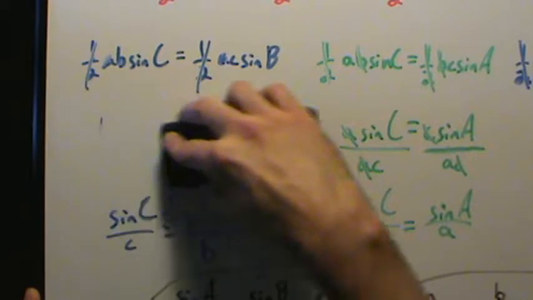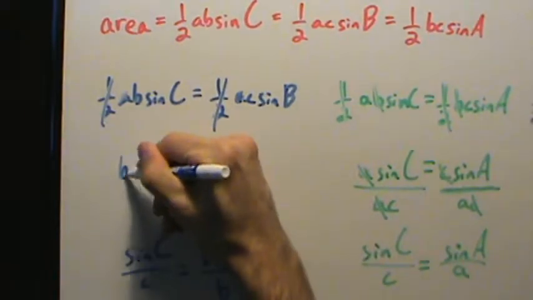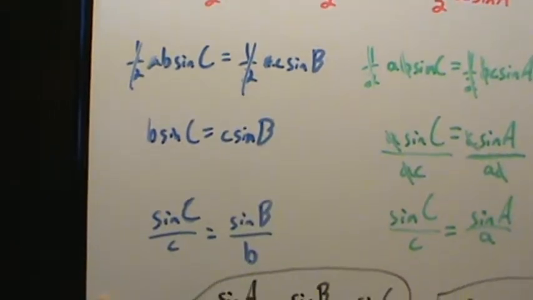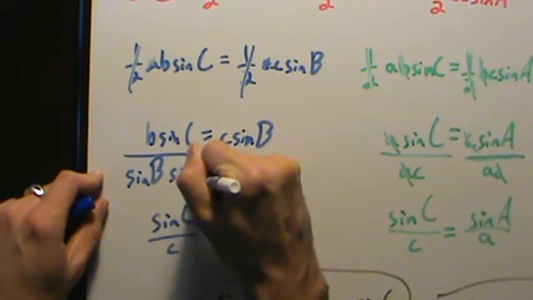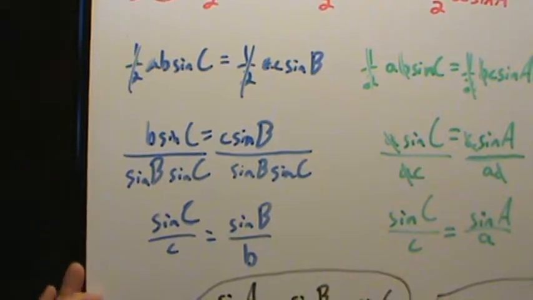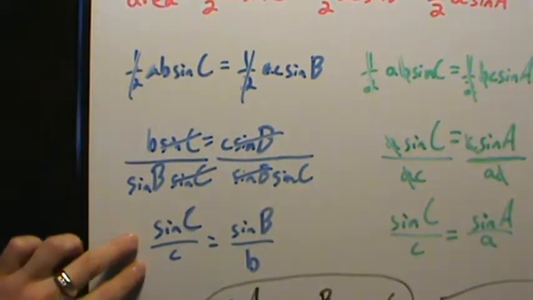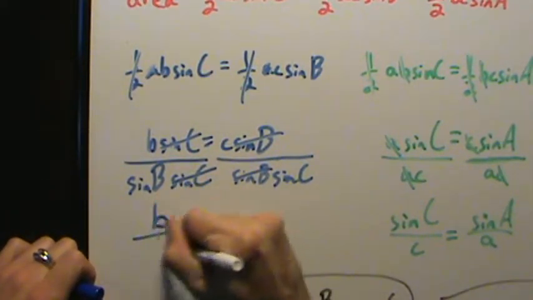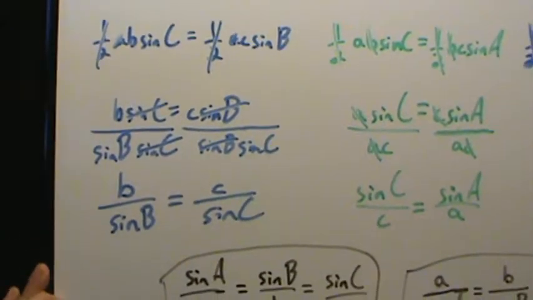But instead of that, in this step we had b sine C equals c sine B. So instead of dividing both sides by little b, little c, let's divide both sides by sine of B times sine of C. Then sine of C cancels over here, sine of B cancels over here, and what we're left with, instead of sine C over c equals sine B over b, is b over sine B equals c over sine C. Okay, that's what we get there.